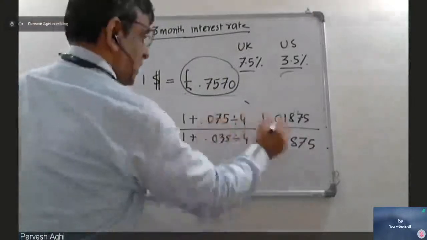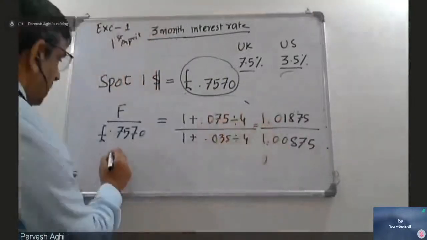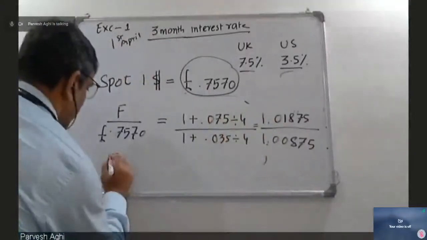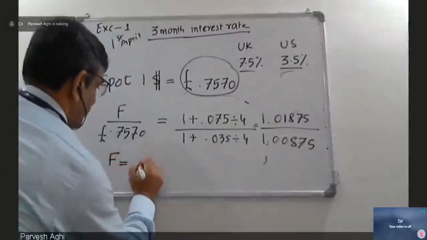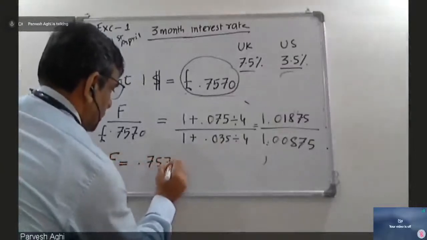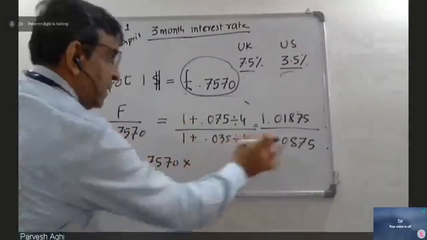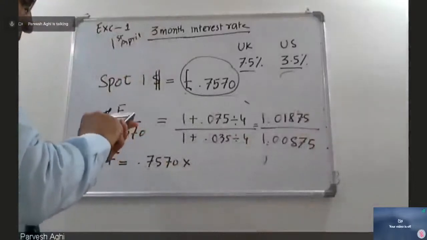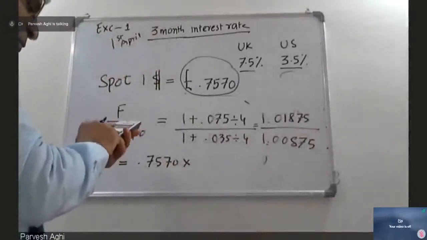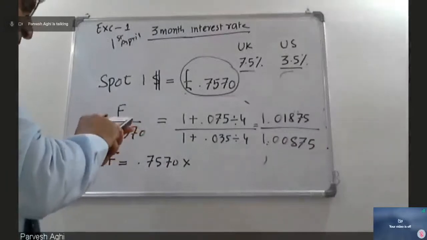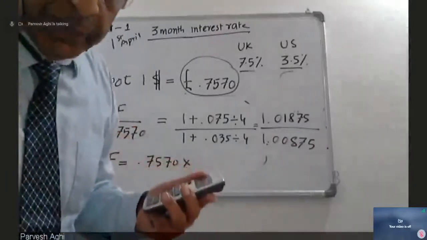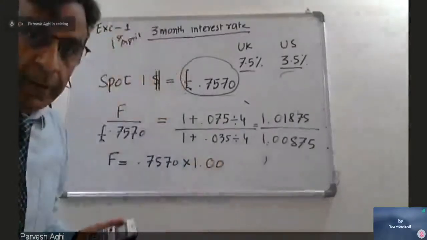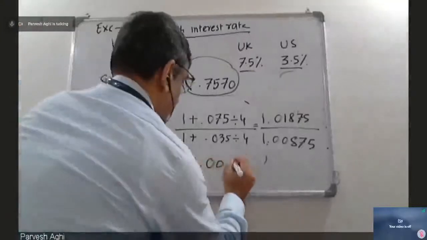So this is equivalent to this. Then F is equal to 0.7570 multiplied by 1.01875 divided by 1.00875. So I got 1.009913.